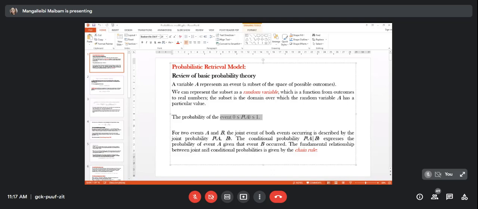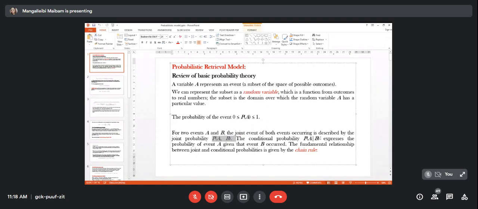Then suppose we have two events A and B, then the joint event of both events A and B is represented by P(A, B).